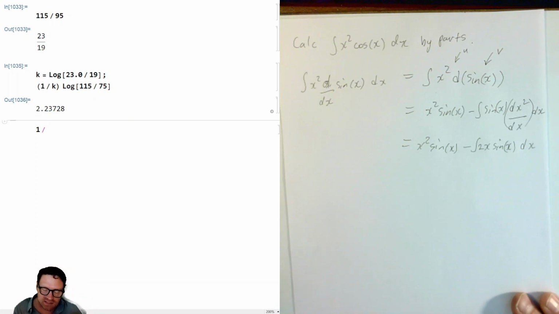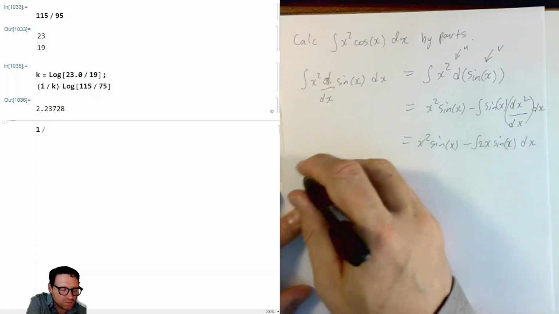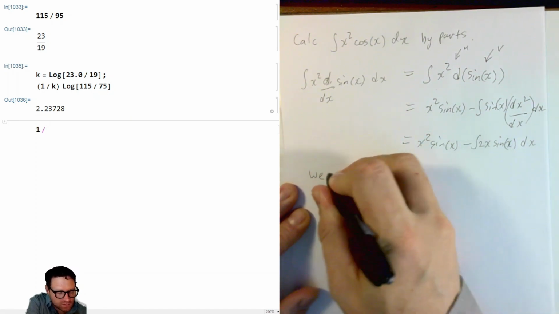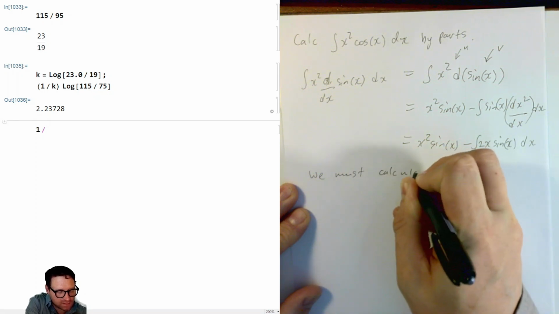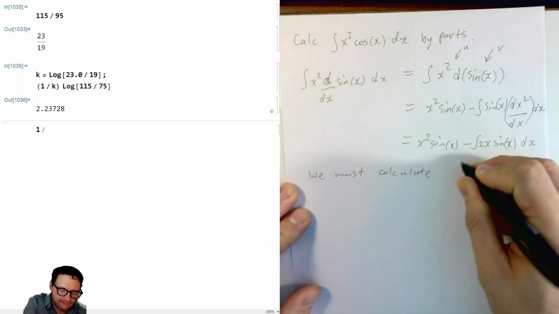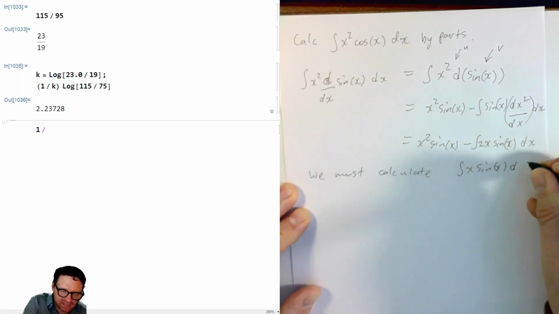Okay, so next we want to be able to simplify this integral. So we must calculate the integral of x sine x dx.